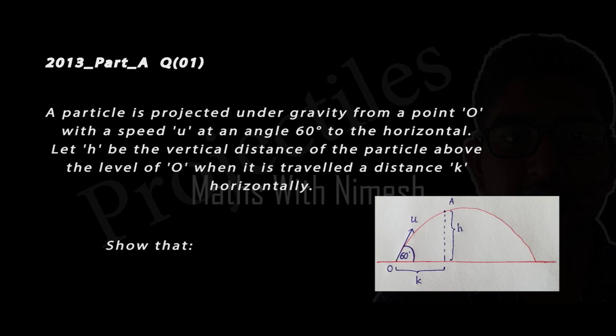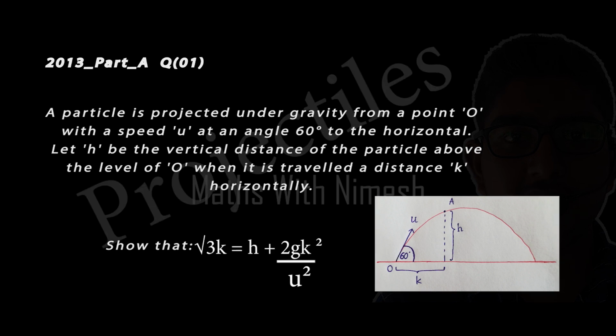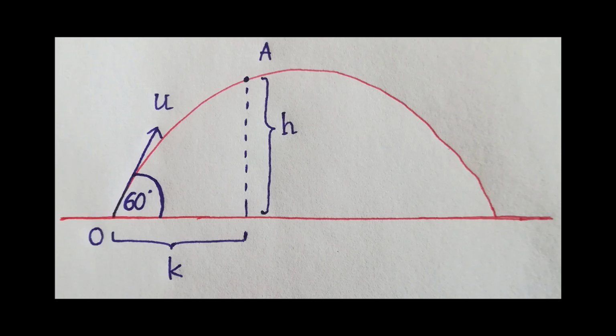Show that root 3 k equals h plus 2g k squared over u squared.